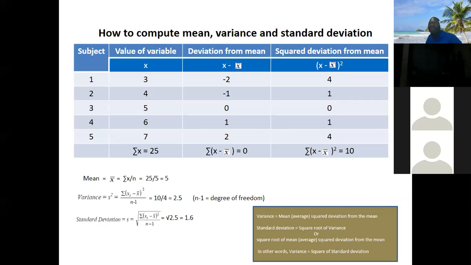That's why, if you want to define variance, variance is the mean square deviation from the mean, or you can say average square deviation from the mean. If you use the word average, you may not confuse people more. With mean square deviation from the mean, you are talking about 2 means here.